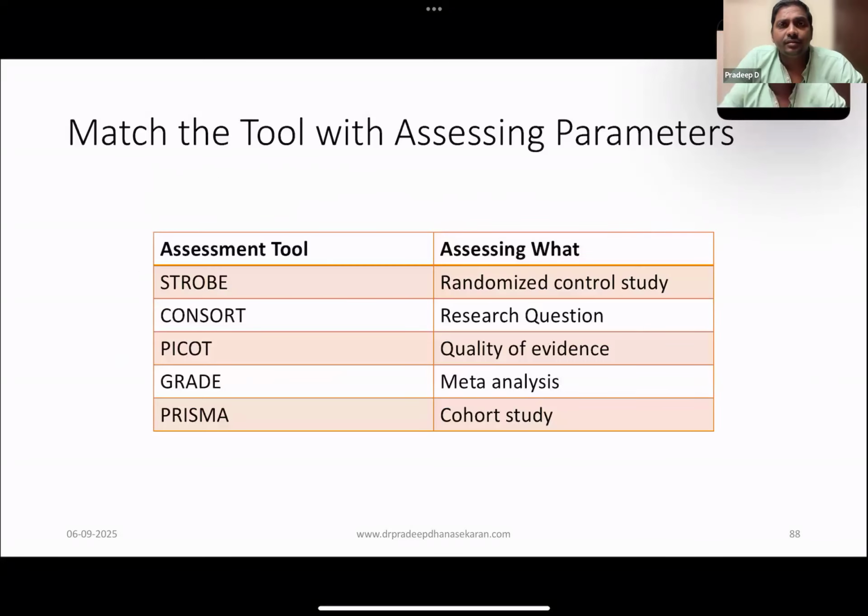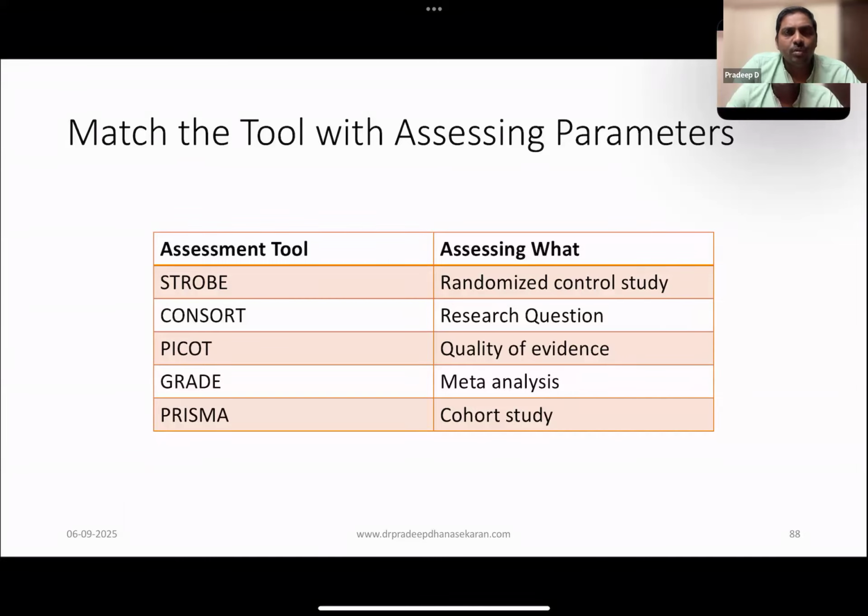Then let's analyze this. Match the following. You have the assessment tool on the left hand side and the study design on the right hand side. Since we have mentioned internal validity, these are the internal validity measures that the research system has applied to validate the accuracy of each and every study design.